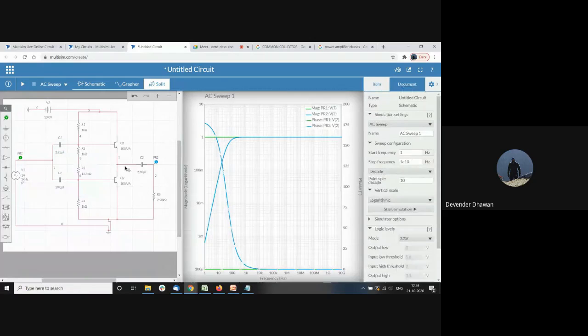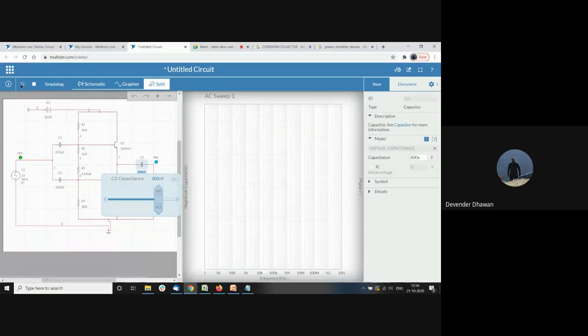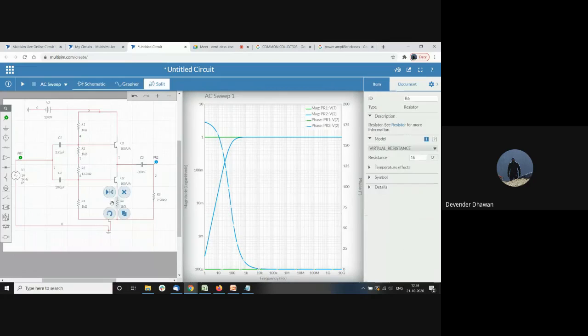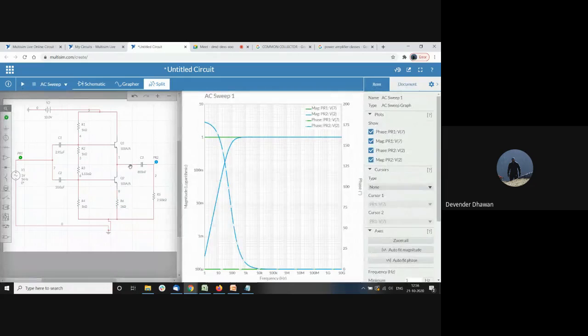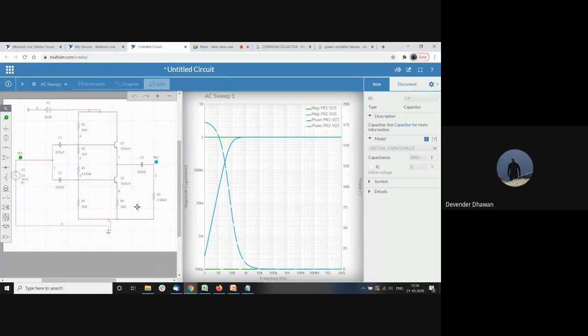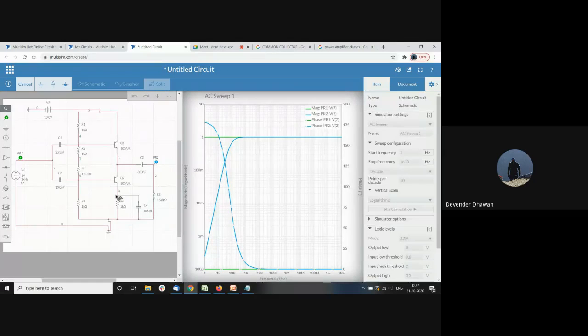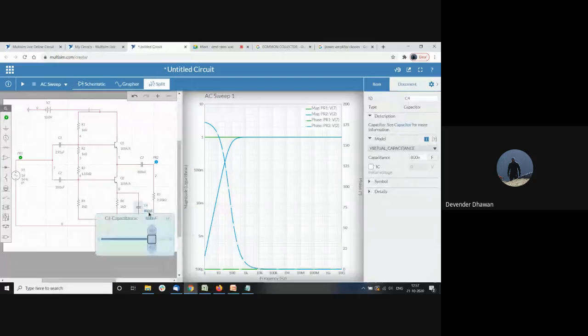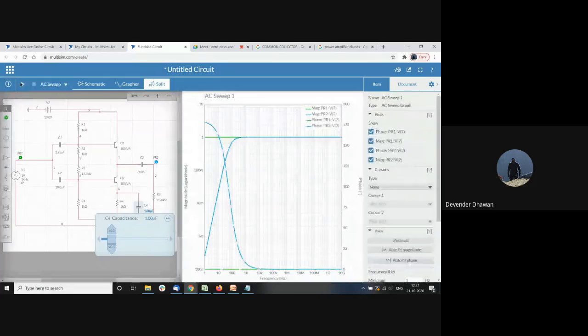So let us try and add some more components here. Still nothing.